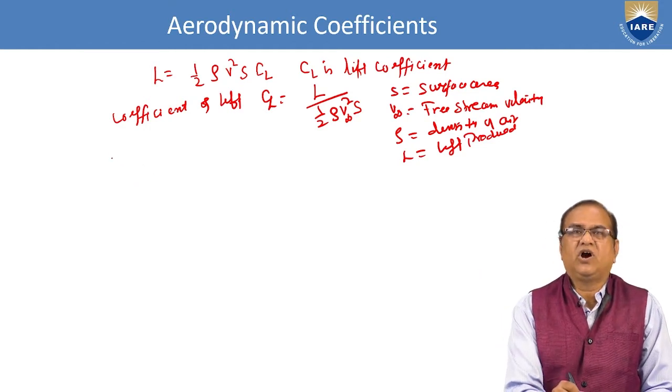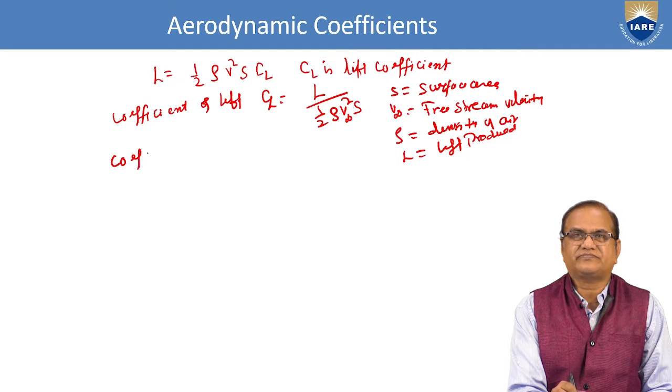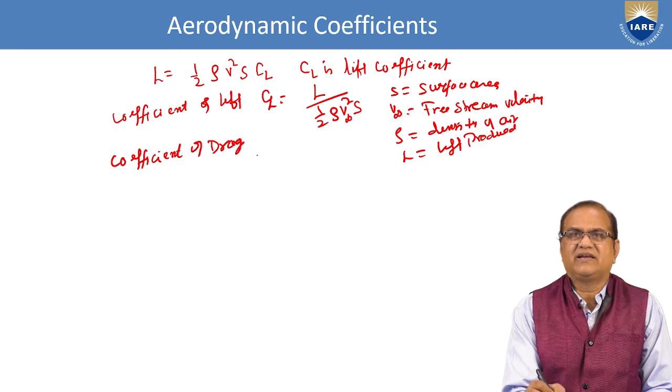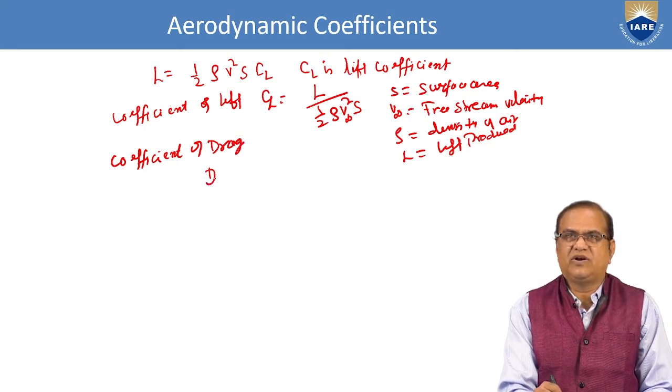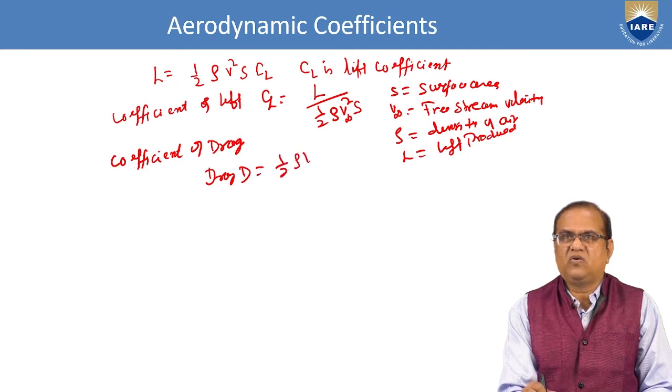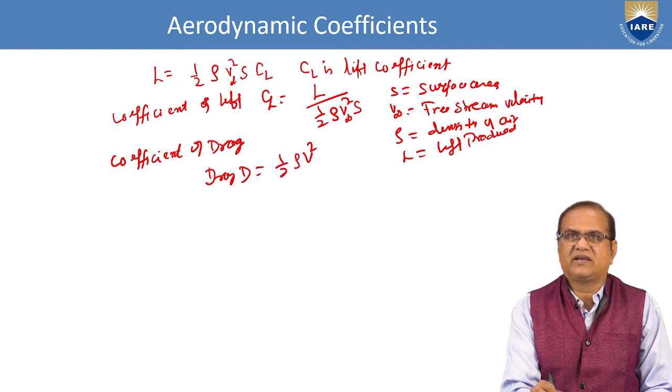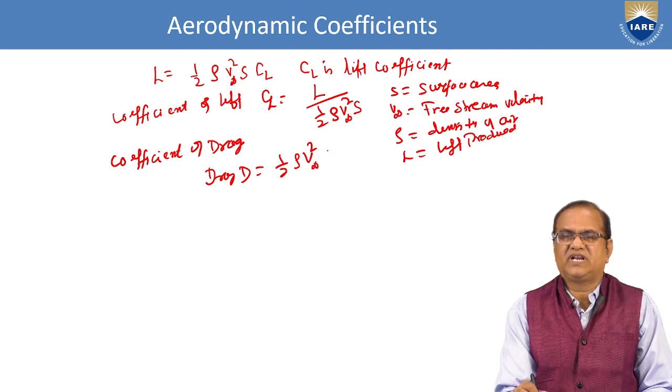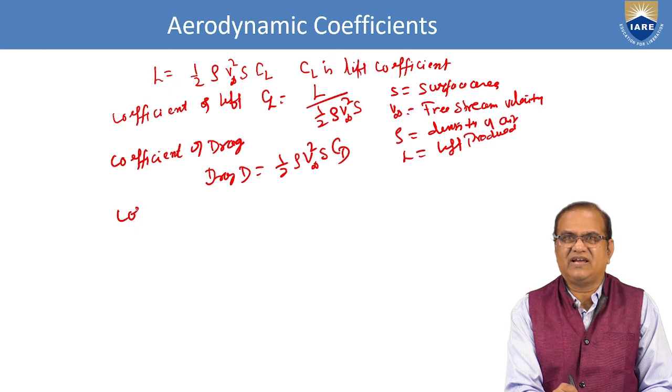Now if you want to see the coefficient of drag, we know that drag D is equal to half rho V infinity square S Cd, where Cd is the coefficient of drag.